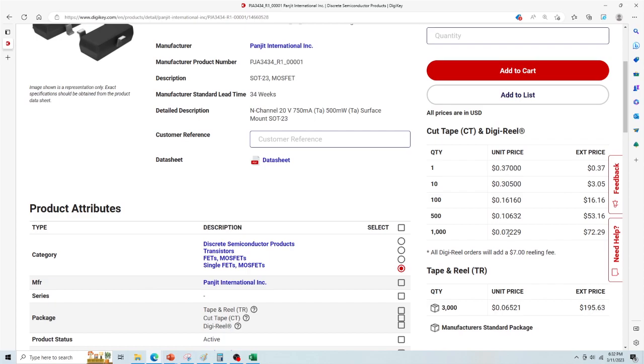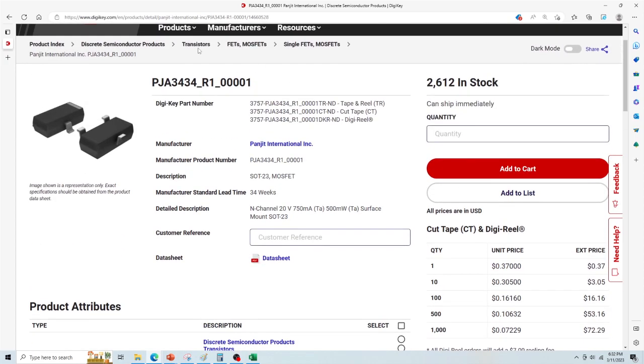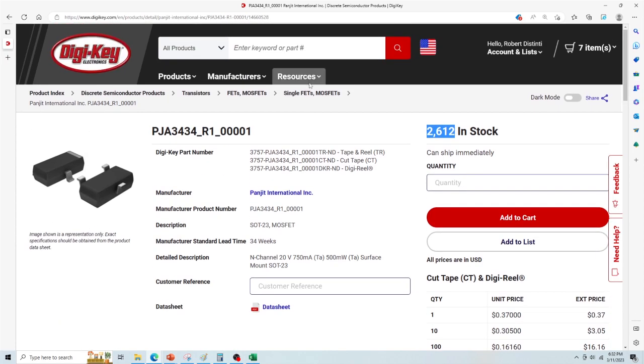The other ones, if we're going to do a production run, would probably be better off being machine placed because they're very, very tiny. Like I said before, they're almost as tiny as a grain of salt. Okay, so this might end up being the one for production. There's only 2,000 of them left in stock, which is really interesting. Let's see what the other guy is.